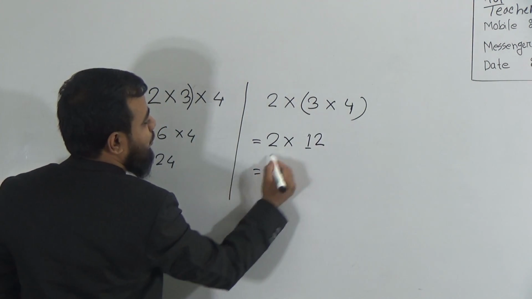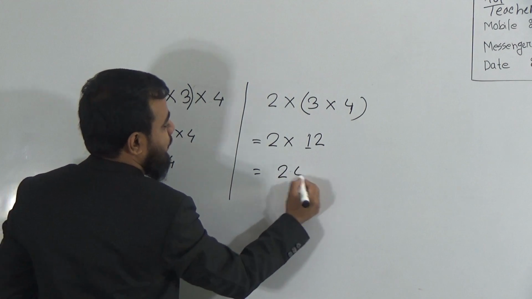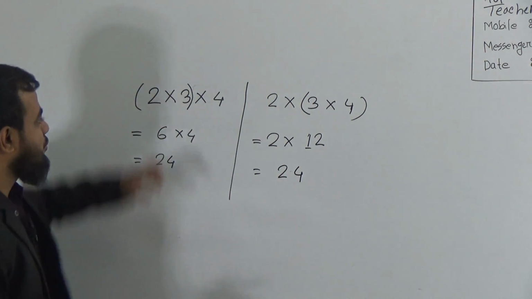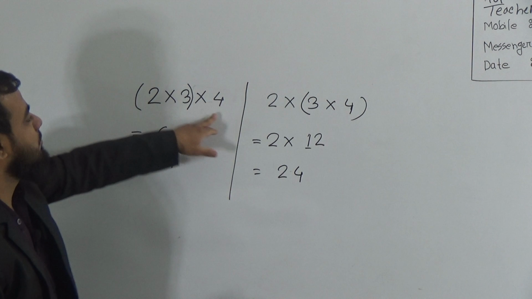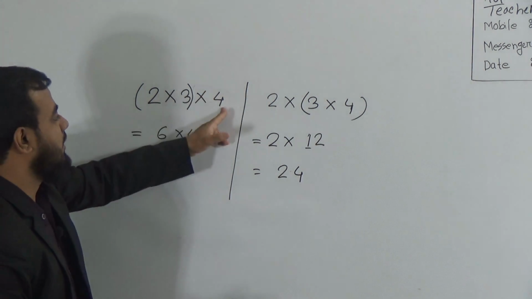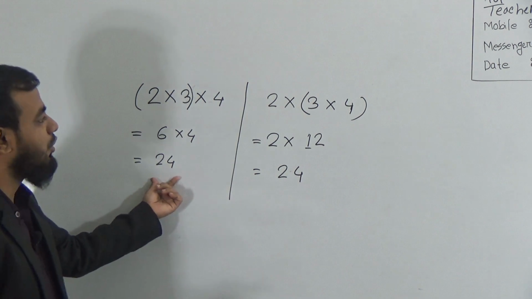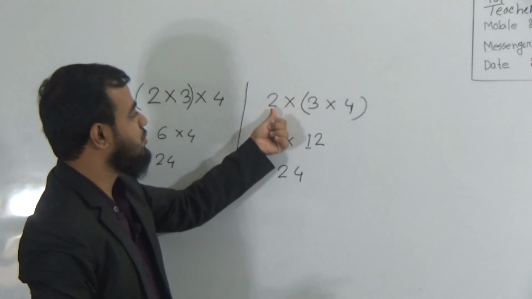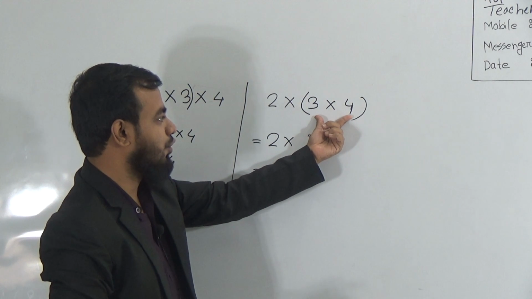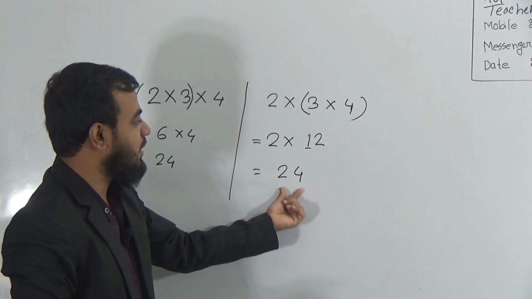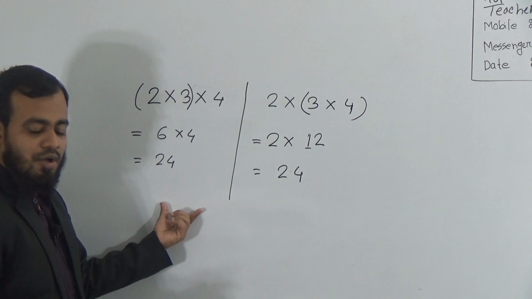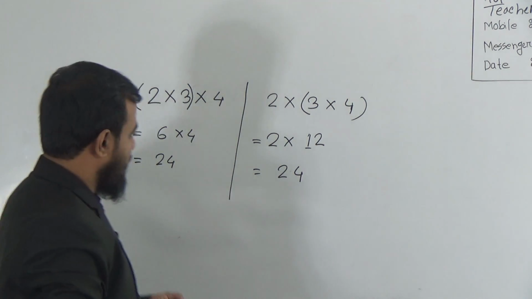Now multiply 2 with 12, it will be 24. So we get 24 again. That means multiplication contains the associative law.